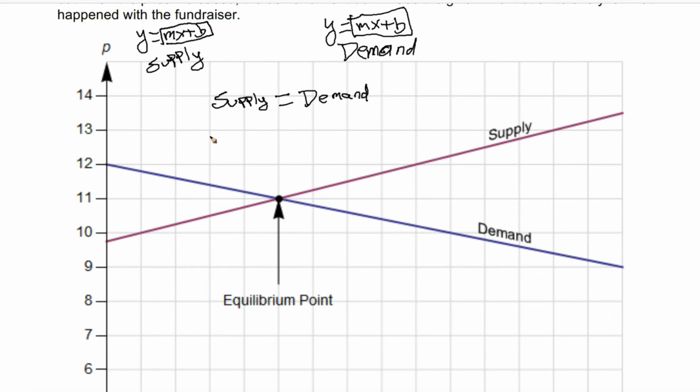Let's say this one is the blue one, and this one's the red one. I'm going to take the blue, mx plus b, equals the red, mx plus b. And those are the equations that you came up with in number 1. So you'll set those equal to each other.